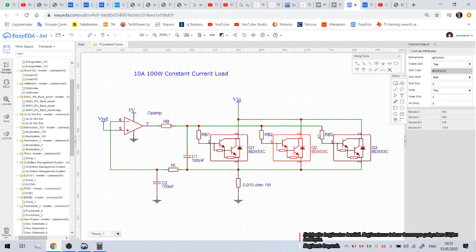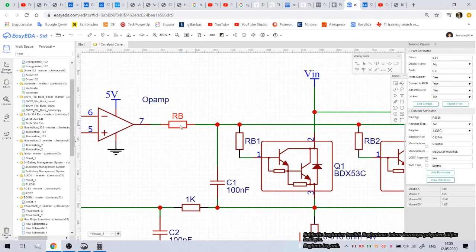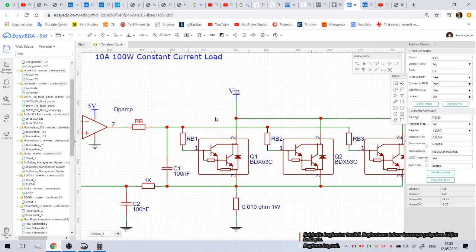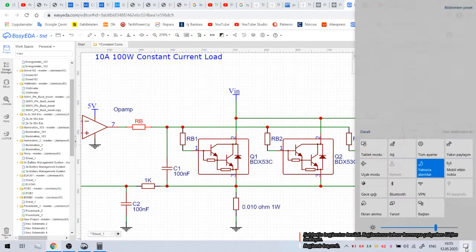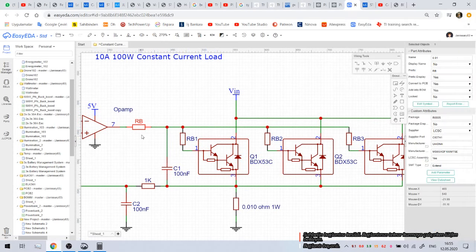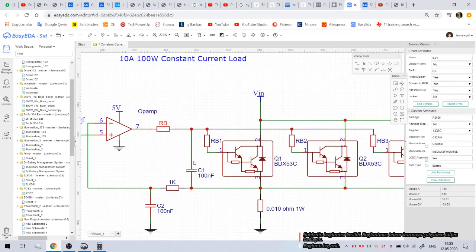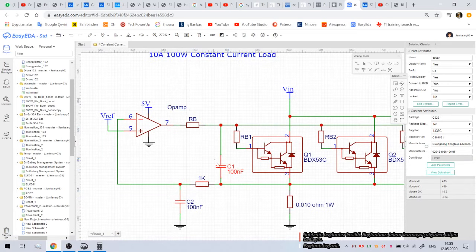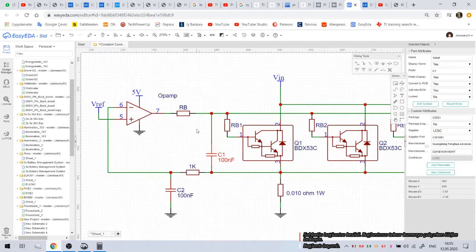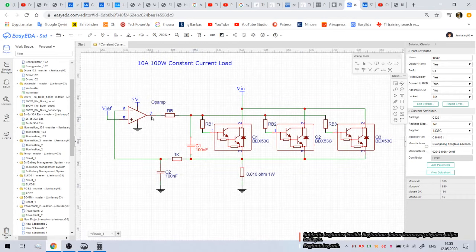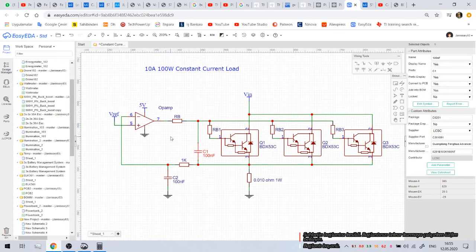Yes, RB 1, 2, 3. And we also have some resistors here. We will calculate all of them. We don't certainly need this, but I want to filter it. So I will let maybe 1K, we will calculate it.